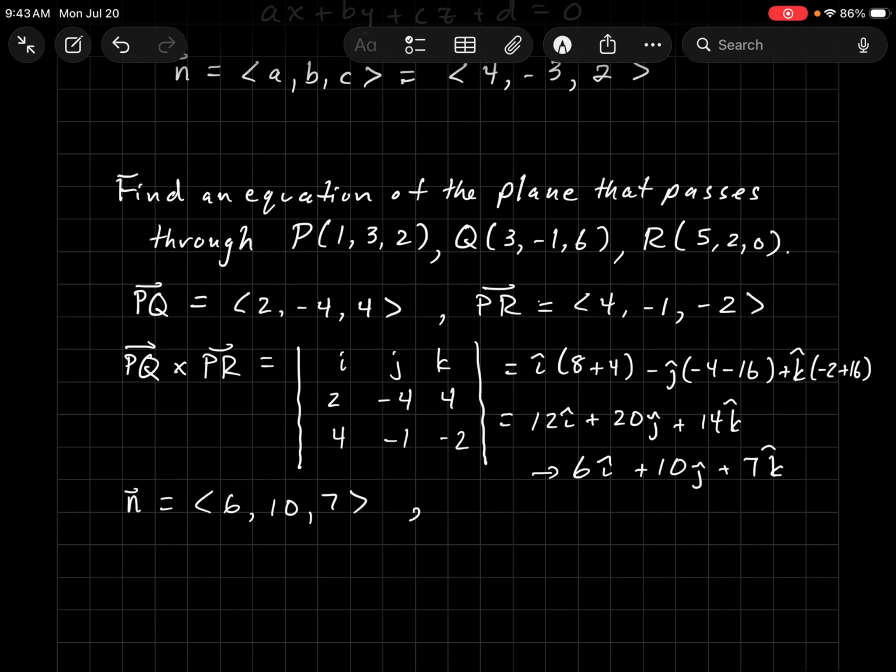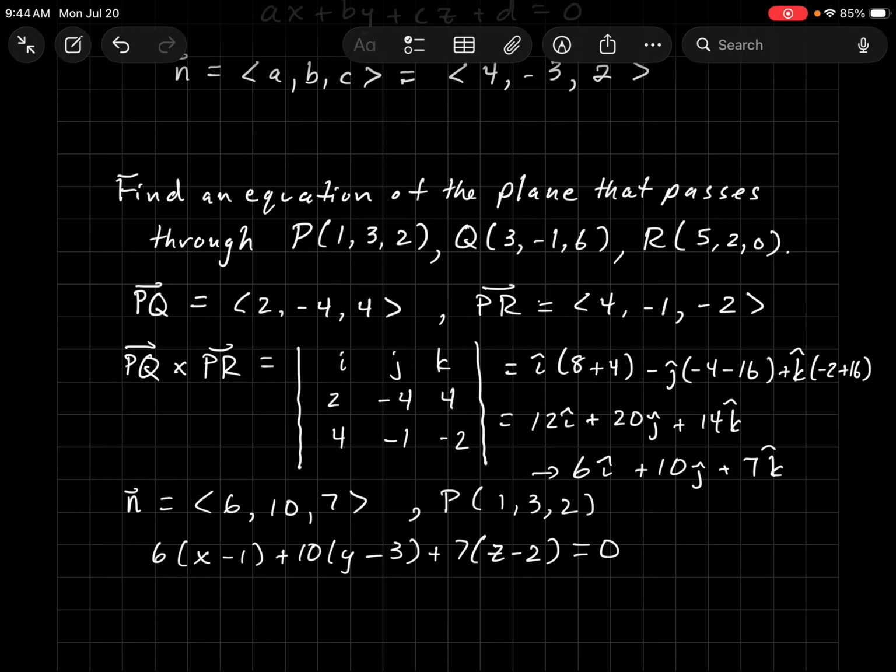I'm going to use the point P, and we can write the equation of the plane, which is going to be 6(x - 1) + 10(y - 3) + 7(z - 2) = 0.